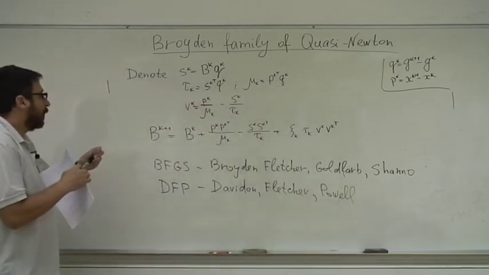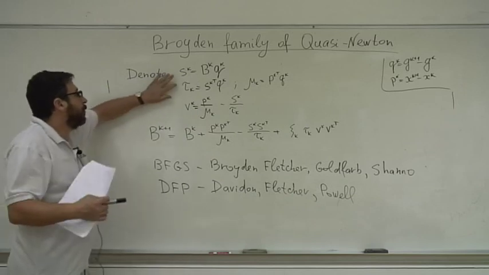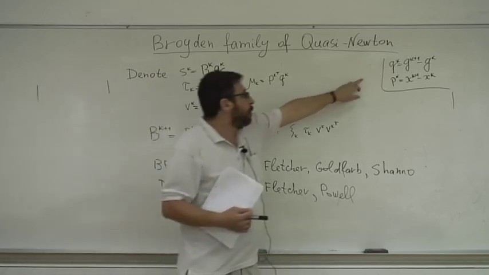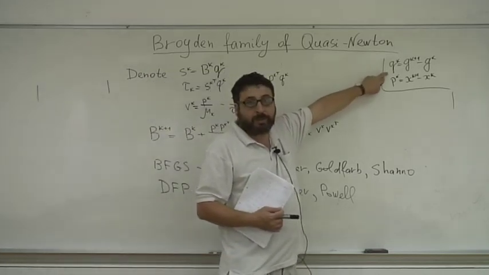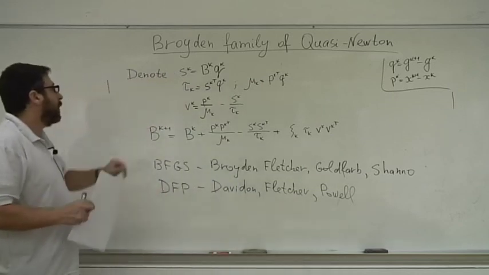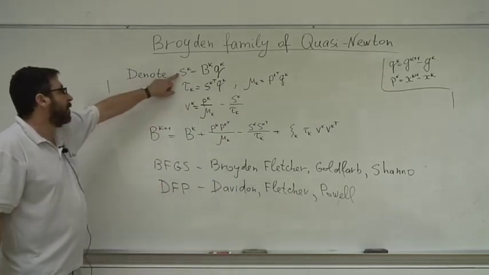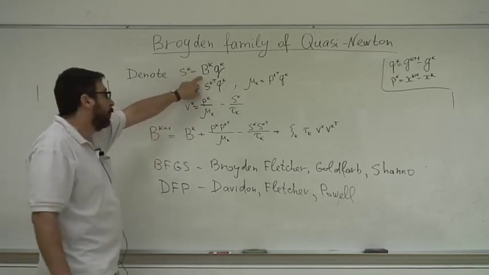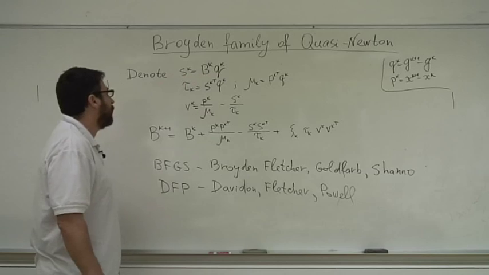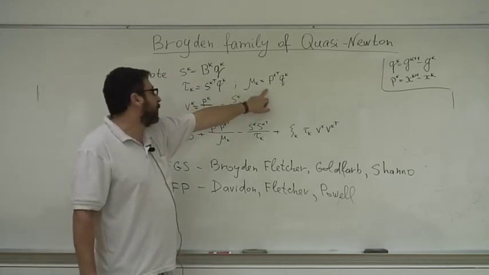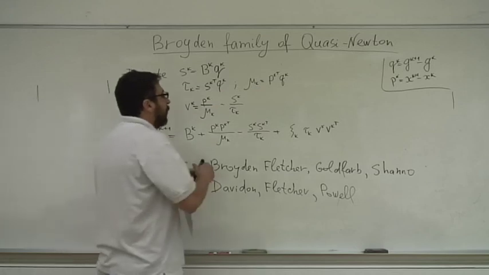Okay, so let me say what the notation is. Like before, we denote those differences Q and P, and then SK is a product of our previous approximation of the inverse Hessian with Q, and those are scalar products of the corresponding vectors.